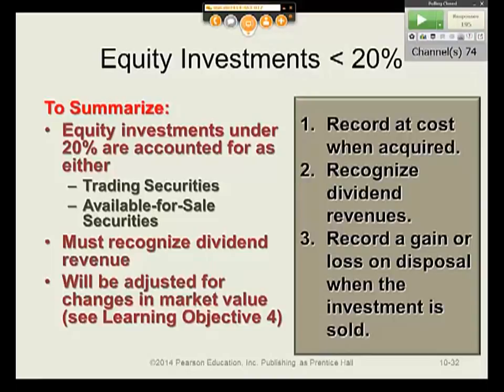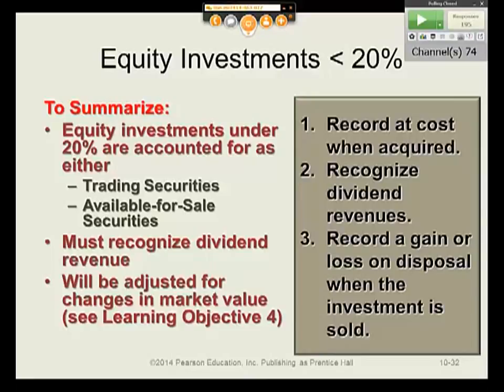But dividend income has to be recognized, and changes in market value, which is learning objective 4, have to be recognized on the financial statements as well. A change in market value is known as an unrealized gain. When you sell the asset, that's known as a realized gain.